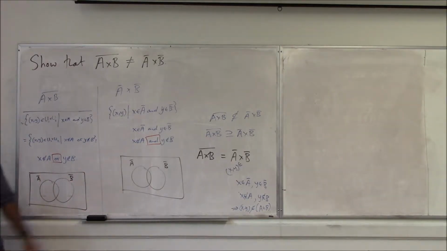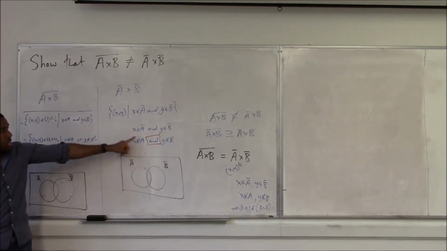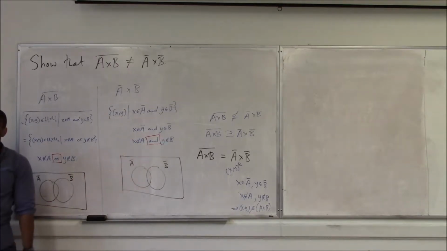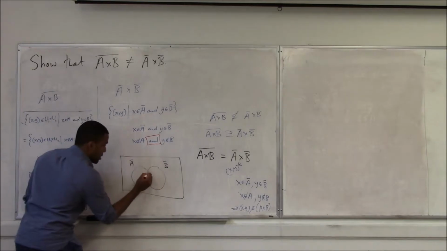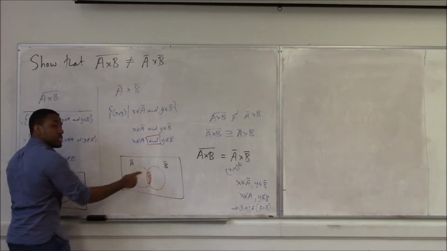In this guy. Right? Which means my x is in A complement and y is in B complement. Where in this picture do they live? This is like going back to homework 1, where you actually have to draw pictures of the sets. The overlap, right? They would live here. So coordinates in this guy live in this space.